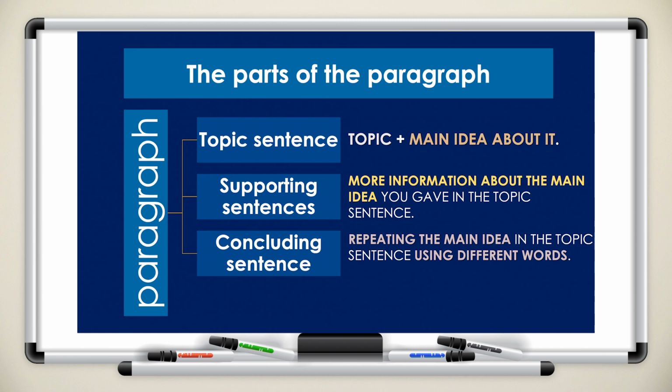The supporting sentences are information about the main idea you gave in the topic sentence. And then you will conclude this paragraph by using a concluding sentence. A concluding sentence is basically repeating the main idea that you mentioned in the topic sentence, but using different words.